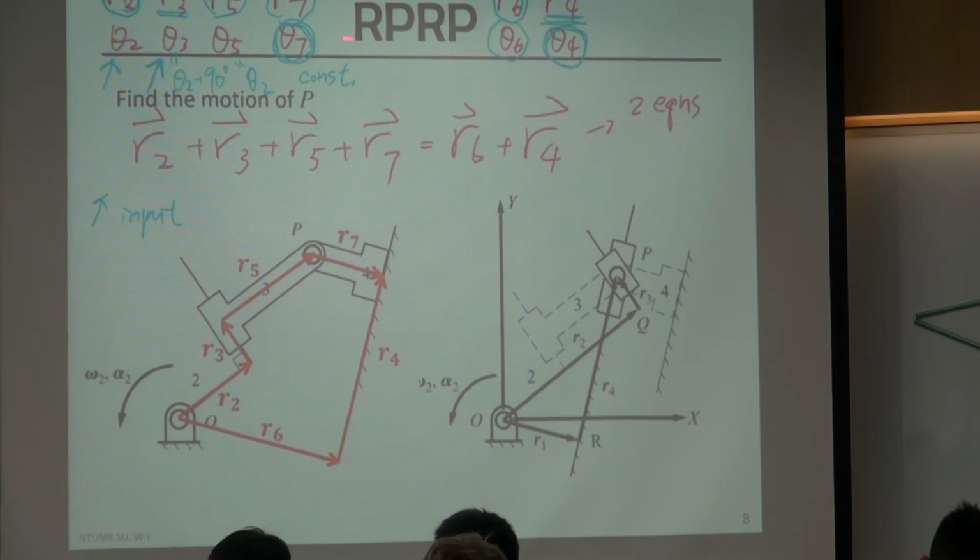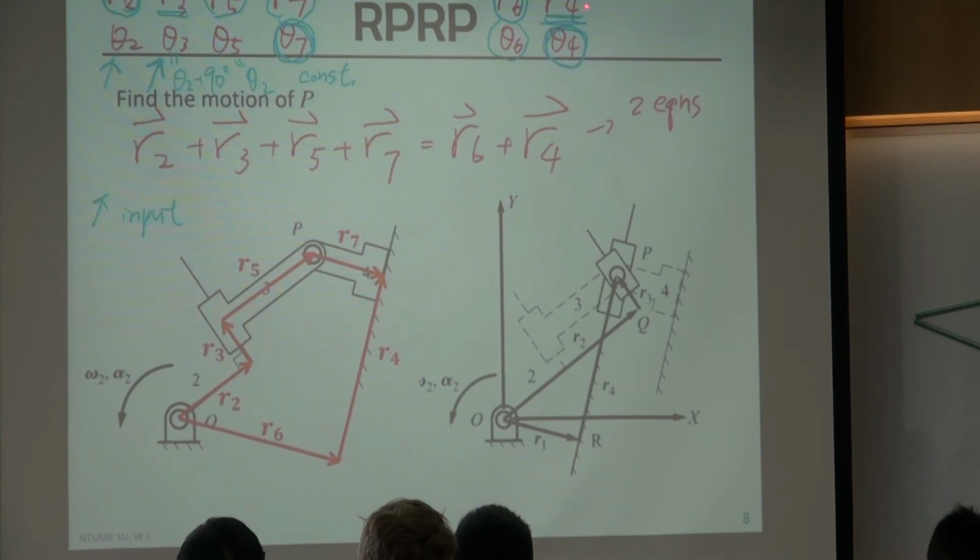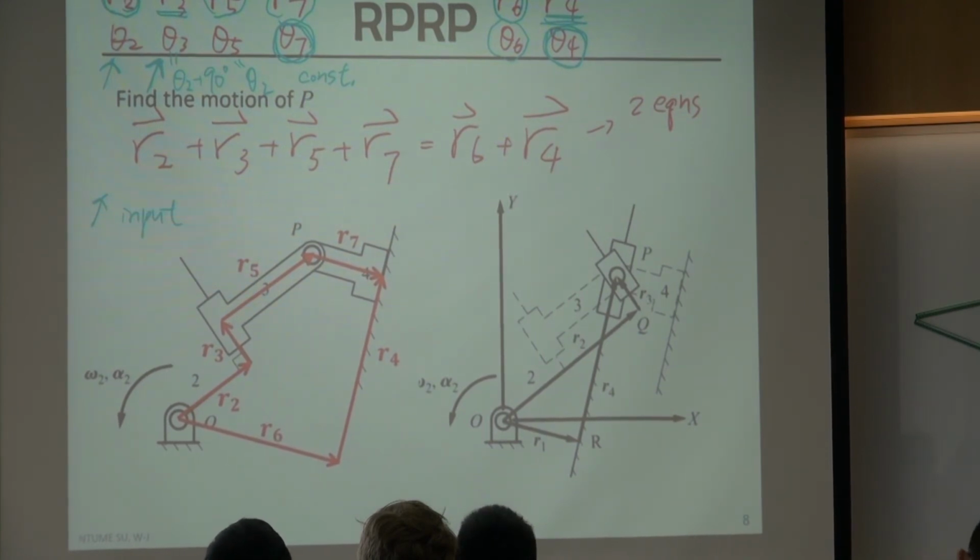Although originally we have so many variables, when we investigate them, we found only R3 and R4 are unknowns. So by using this vector loop, we can generate two equations, and these two equations should be able to solve these two unknowns. Three depends on if you see this one as the equation, then we have three.